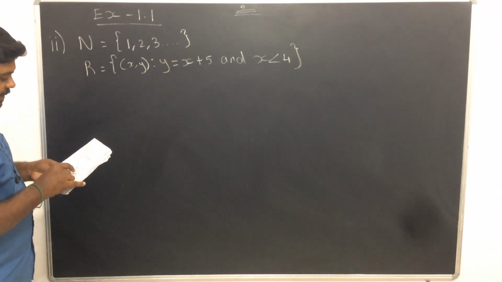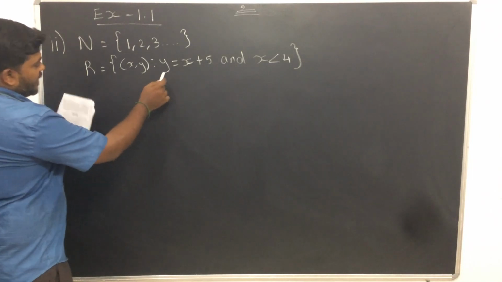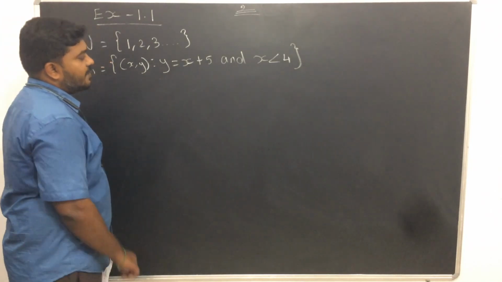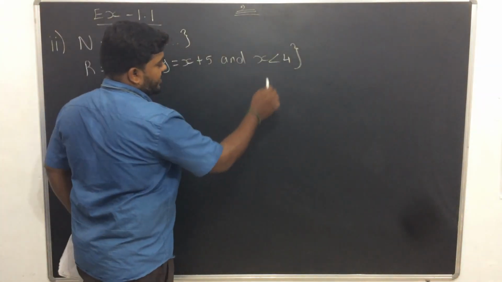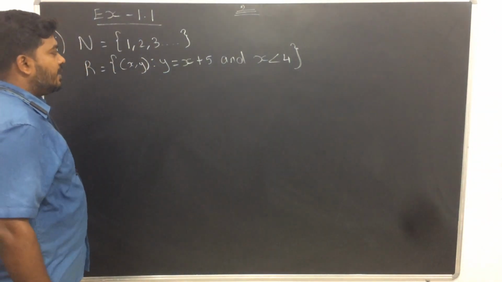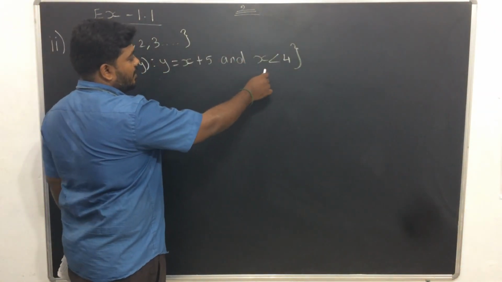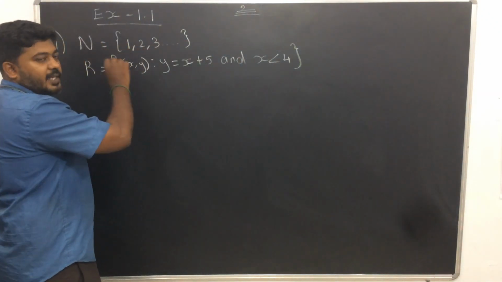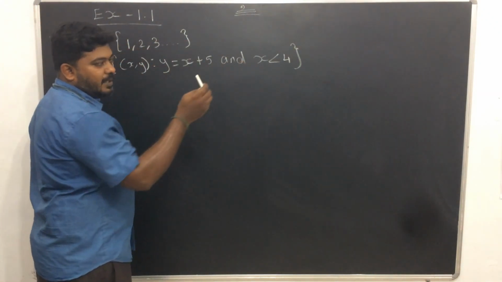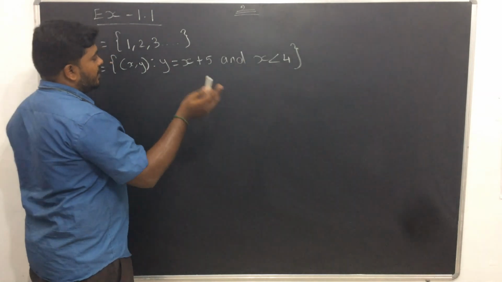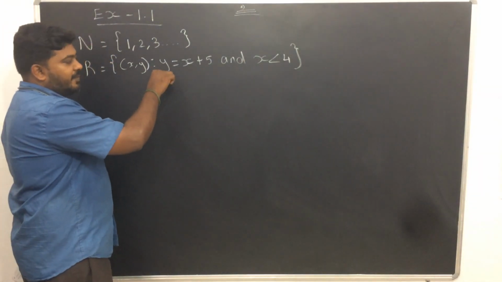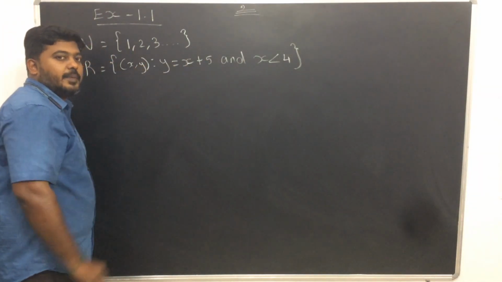They are telling you that the values of x should be less than 4. So from this set, the values of x are going to be 1, 2 and 3. And the value of y can be found using this equation.